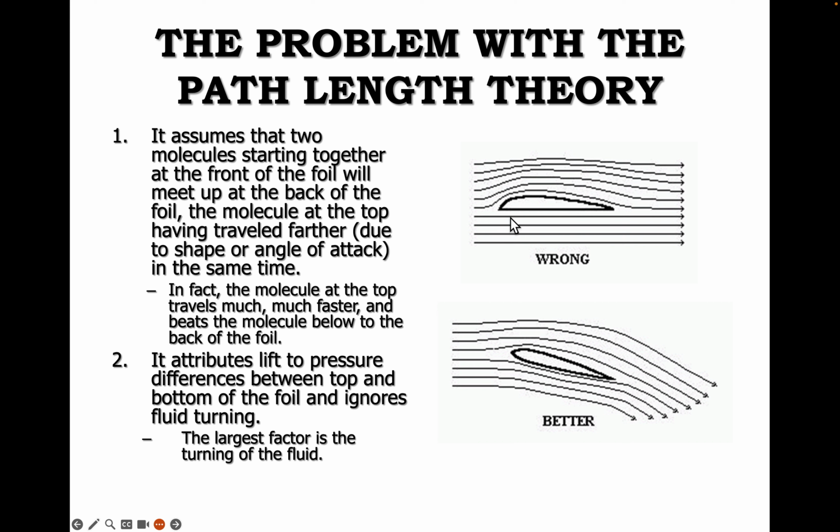The molecule at the top will have traveled farther due to the shape of the object compared to the molecule at the bottom. What's important to note, though, is that the molecule at the top is going to travel much faster, and it actually beats the molecule coming from the bottom to the back of the foil or the particular object.